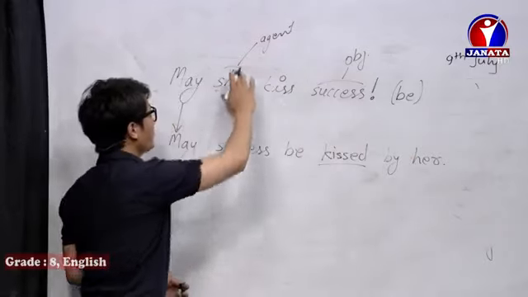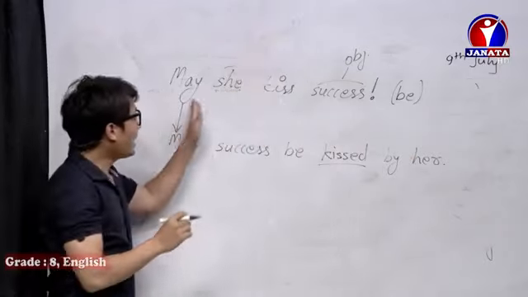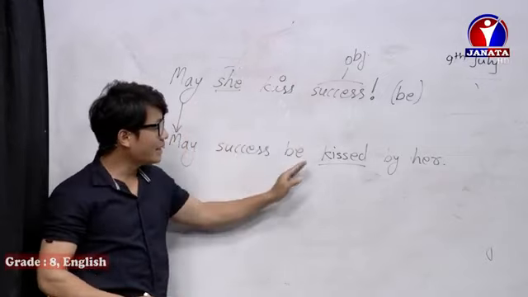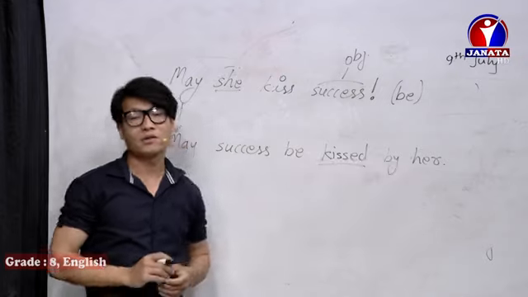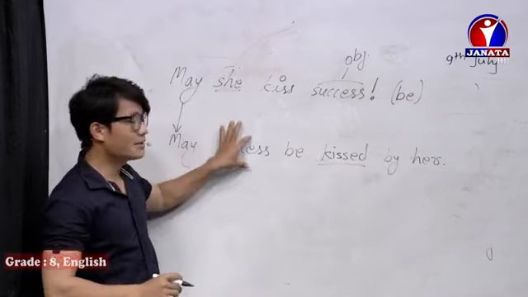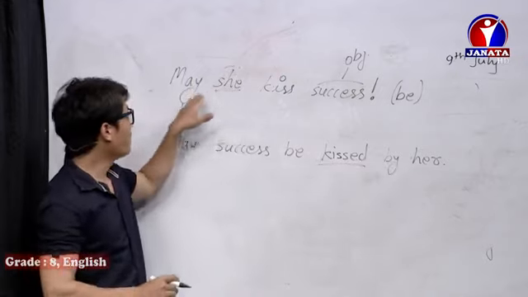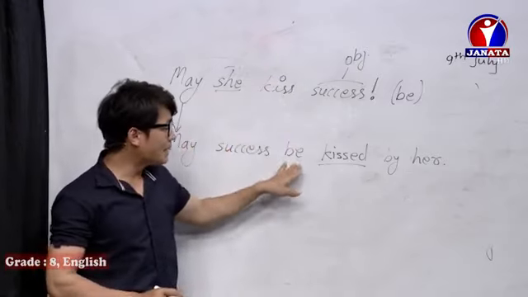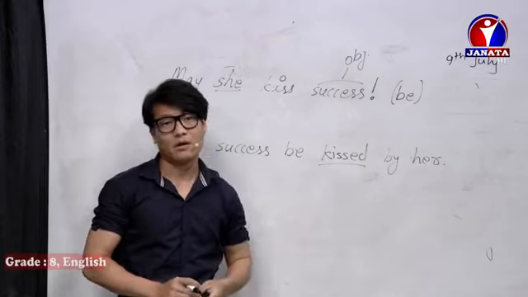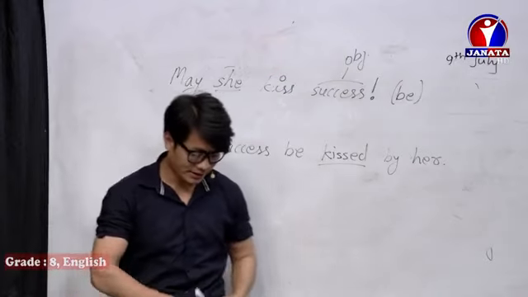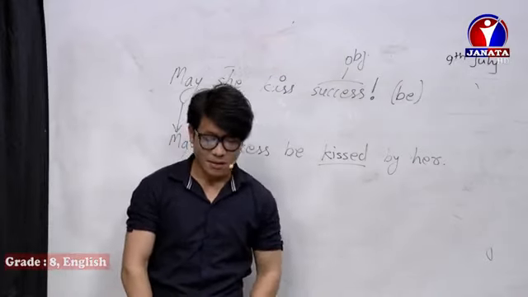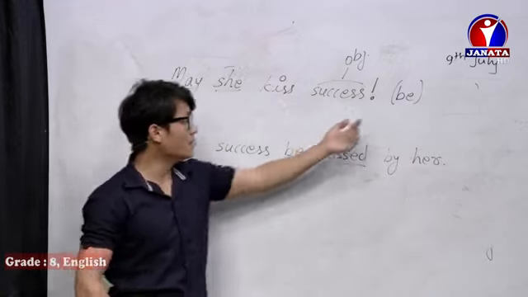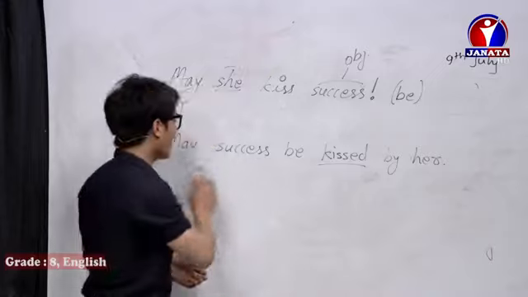May she kiss success. May success be kissed by her. So this is active, this is passive. May she kiss success. May success be kissed by her. So this is how we change the active voice of an optative sentence into passive voice. We need to use the be verb.